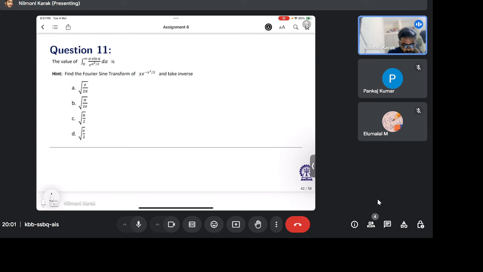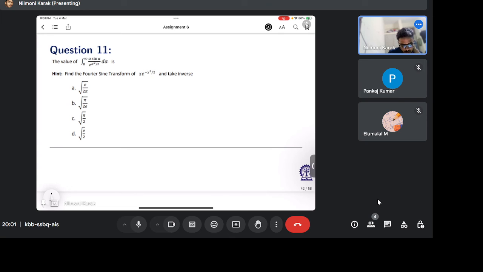Since the integration is 0 to infinity, you cannot use the Fourier transform only. You have to use either Fourier sine or Fourier cosine. Because sine alpha is in the numerator, you can use the Fourier sine transform. But the main thing is, here a hint is given, but if you don't have any hint, how will you choose this function?